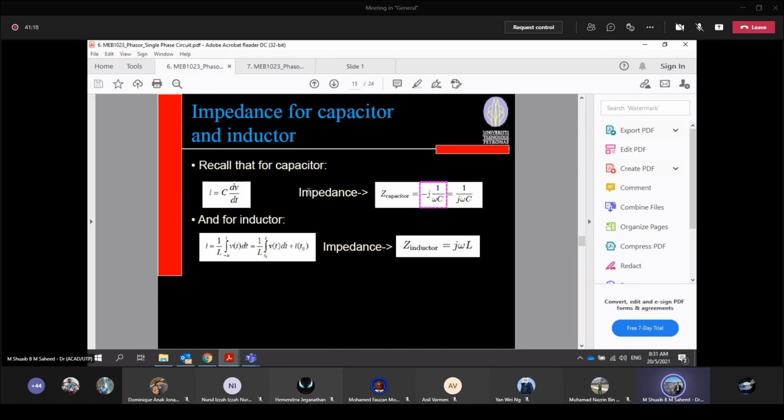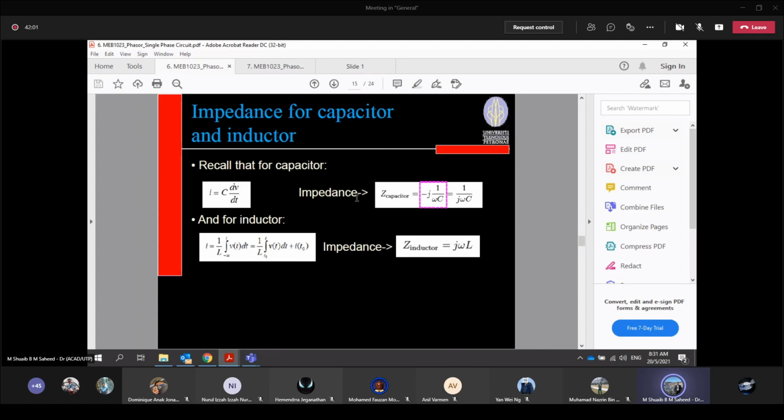R-E-A-C-T-A-N-C-E, reactance, for an individual capacitor and inductor. Impedance is the term for when you have a combination of resistor and capacitor and/or inductor. The resistor must be there as well. Then you can call it impedance.